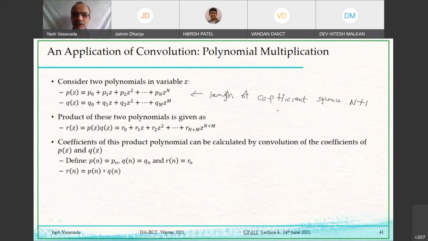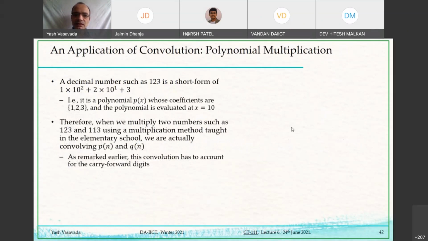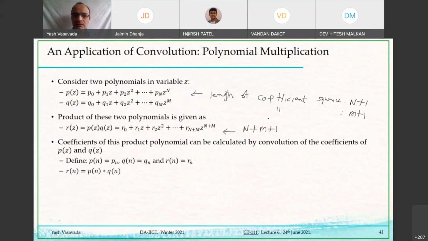And this will be m plus 1. And here it will be n plus m plus 1. But this is nothing but our formula that we have seen earlier for the length of the convoluted sequence, which is n plus 1 plus m plus 1 minus 1.